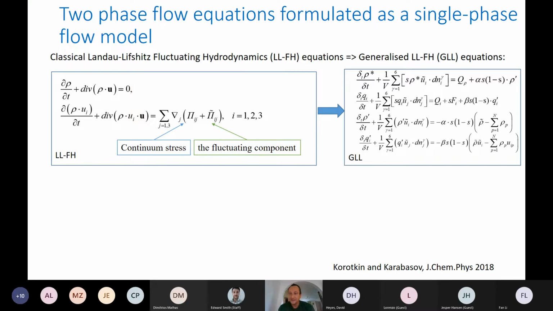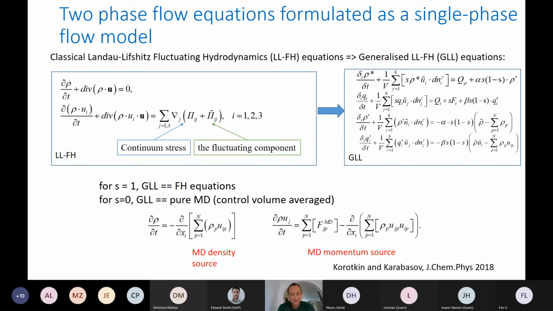On the right, these are the modified equations which we derived back in 2018 for the two-phase flow analogy. Rho star and the Q are the effective density and momentum, where on the right hand side we have some sources which are coming from the interaction with molecular dynamics. And the last two equations, which are the rho prime and Q prime, are the differences between the continuum phase and the molecular dynamic phase.